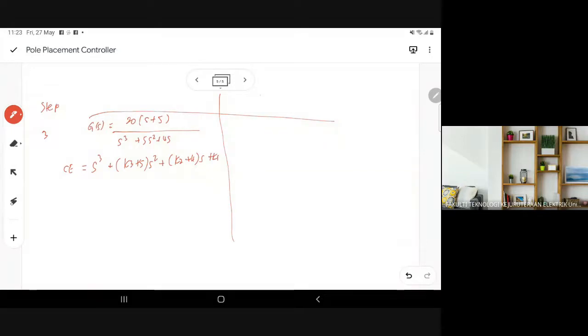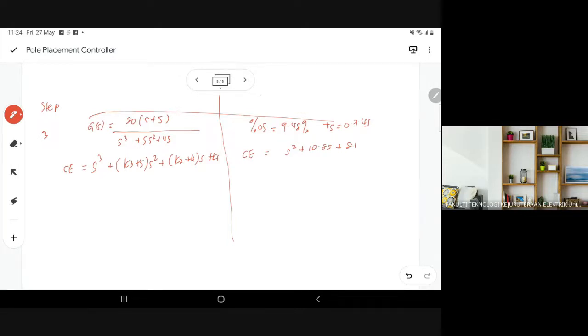Okay, and then after that, based on the information you have, percentage overshoot equal to 9.48% and settling time equal to 0.74 seconds. Finally, you get the characteristic equation s squared plus 10.8s plus 81.